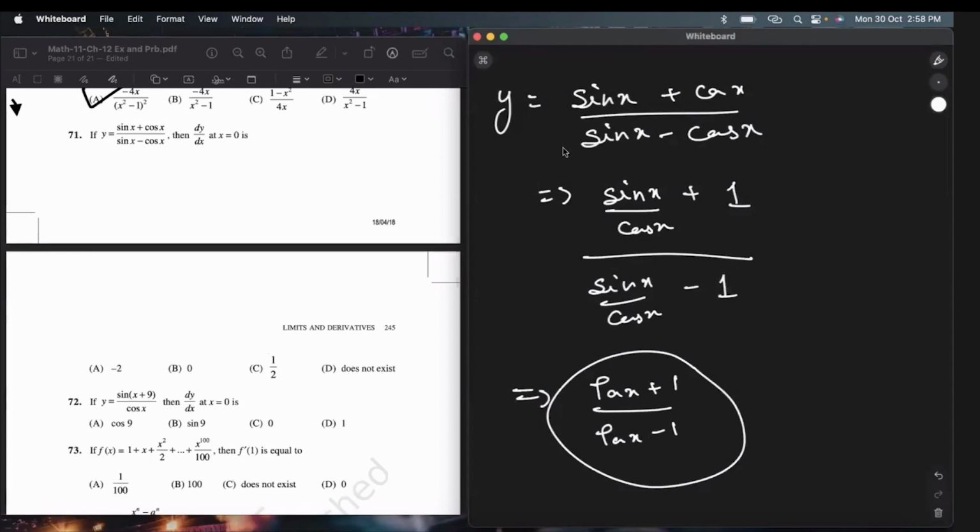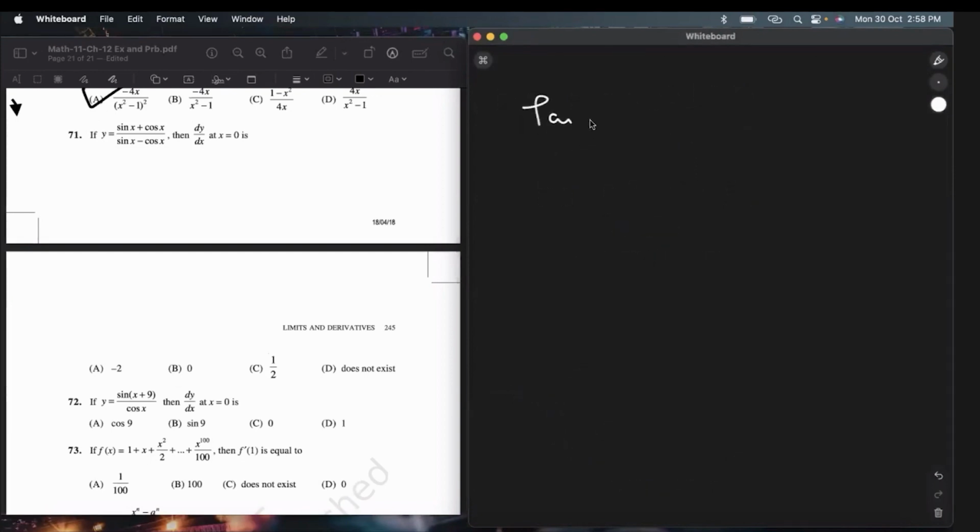Now, tell me one thing. What is tan of x plus pi by 4? Tan a plus tan b over 1 minus tan a tan b, right? So let me just write it. It is tan x plus tan b. Tan pi by 4 is 1 and 1 minus tan a tan b, 1 minus tan x. Alright, and in the question, what do we have?